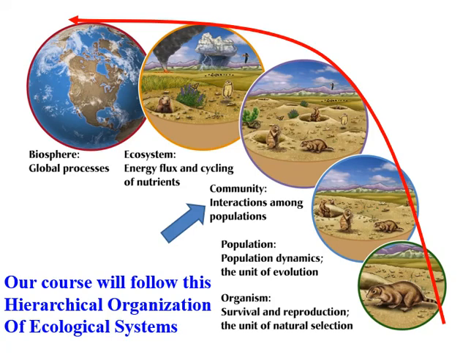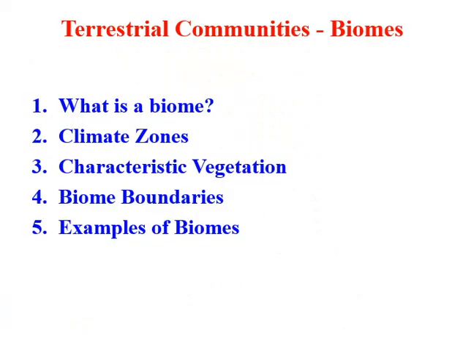And that's where we are now, and that is going to be the last part of this, what could be classified as community ecology. And then when we're done with this, we'll move on to ecosystem ecology, the flow of materials through ecosystems.